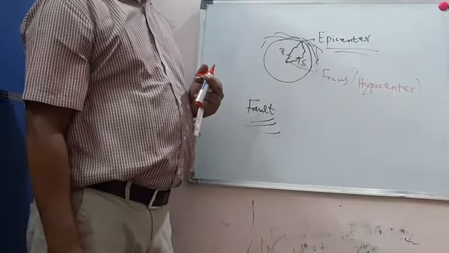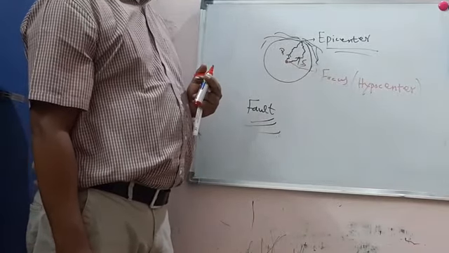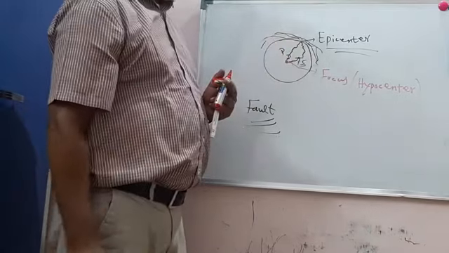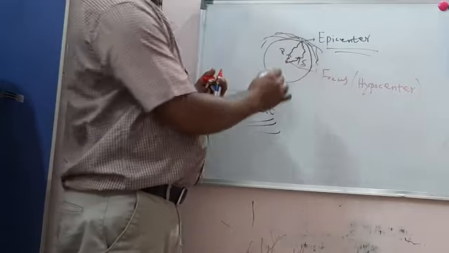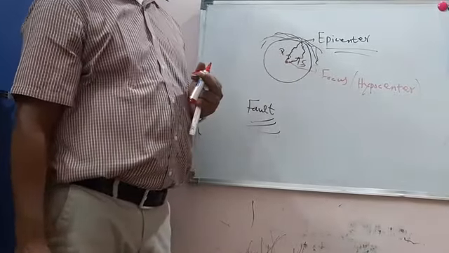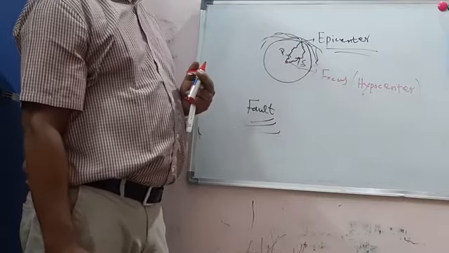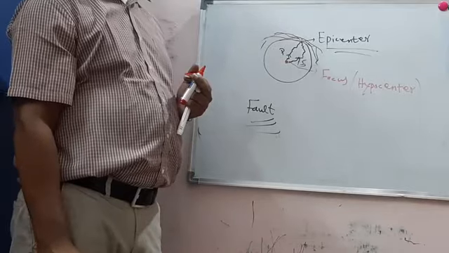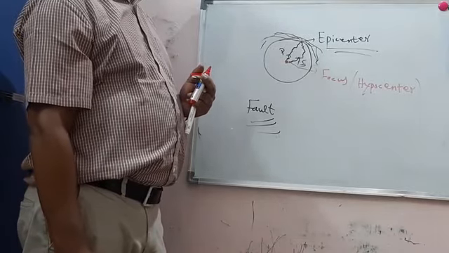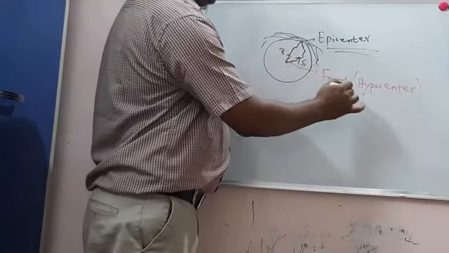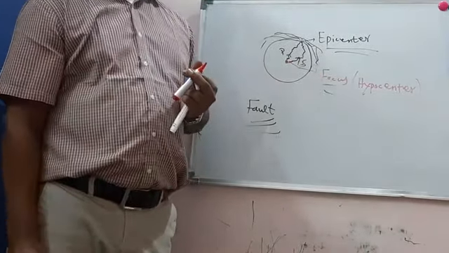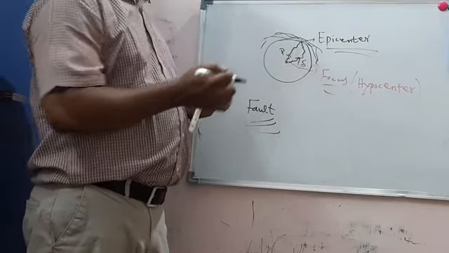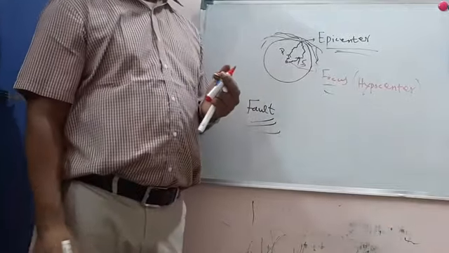So the epicenter is the place from where surface waves start to emanate, and the focus or hypocenter is the spot from where P and S waves, or body waves, start to emanate. So these points, hypocenter and epicenter, are the points from where body waves and surface waves are emanated.